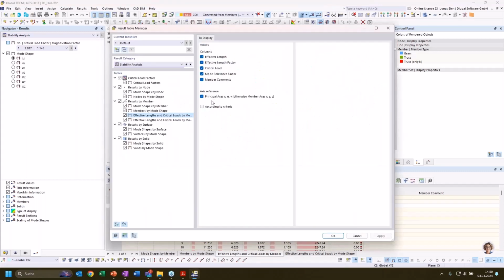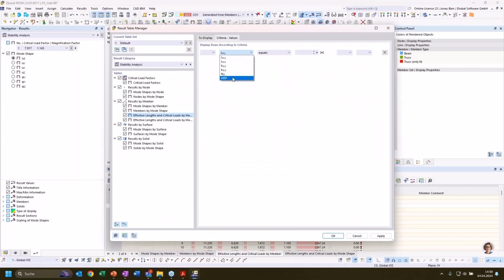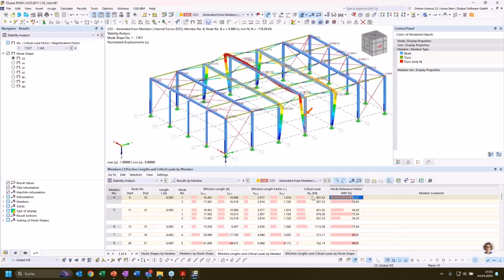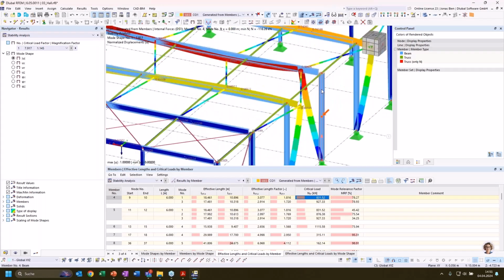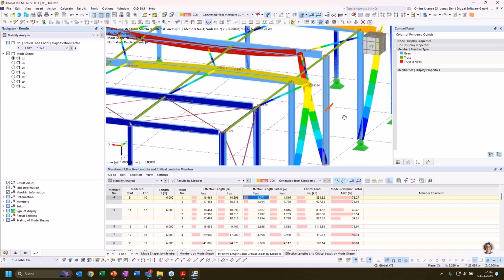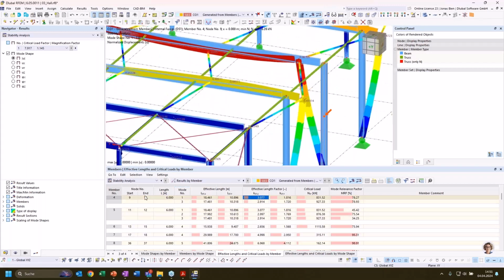I could, of course, again apply the filter to make it more accessible. And then I would again follow the rule from the last smaller example, that I take the mode that has the lowest critical load with a significant mode relevance factor, and take the effective length factor for, in this case, buckling around the strong axis from this mode shape.